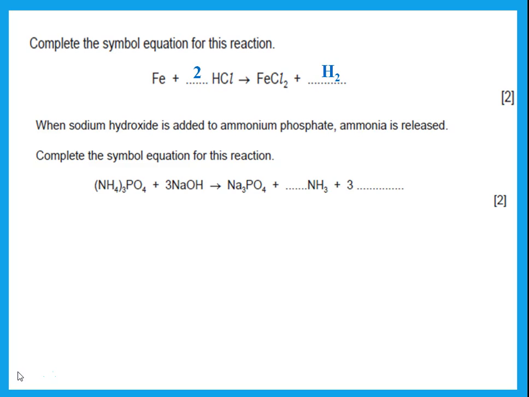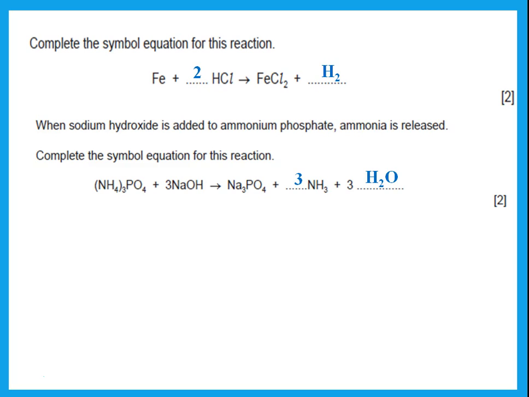What haven't we used? We haven't used the OH that is in the sodium, and we haven't used one of the H's in the NH4, right? And OH make up what? They make up water. Okay, now let's try balancing it.